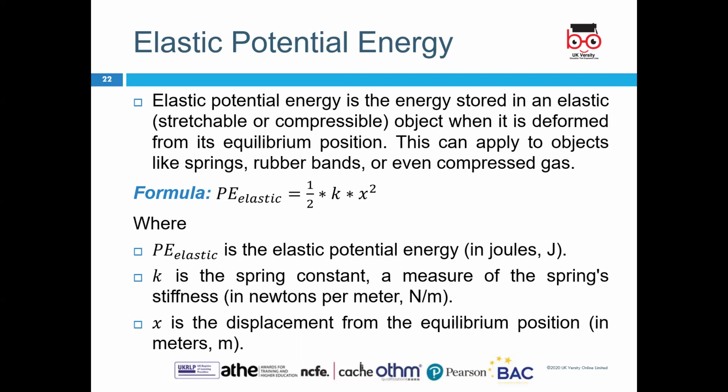The formula for elastic potential energy is PE equal to half into k into x square, where PE is the elastic potential energy, k is the spring constant, which is the measure of the spring's stiffness in Newton per meter, and x is the displacement from the equilibrium position in meters. So this is the formula for elastic potential energy.